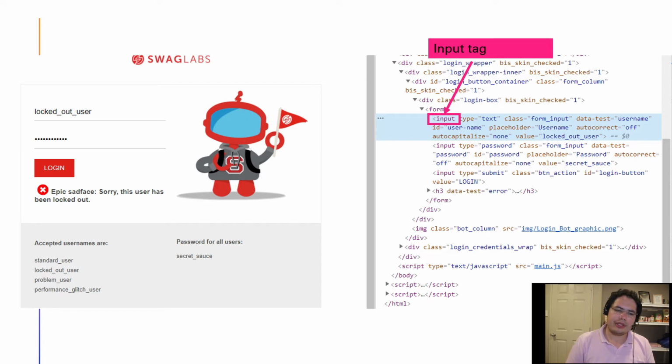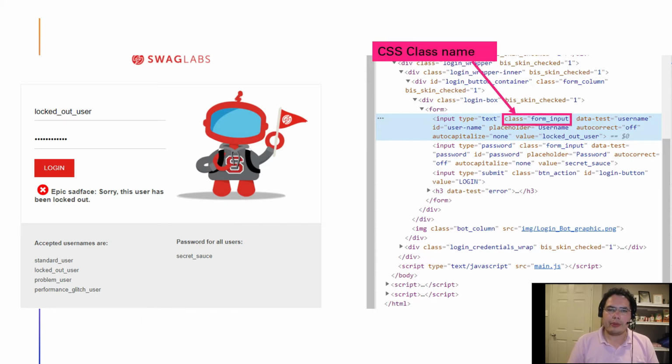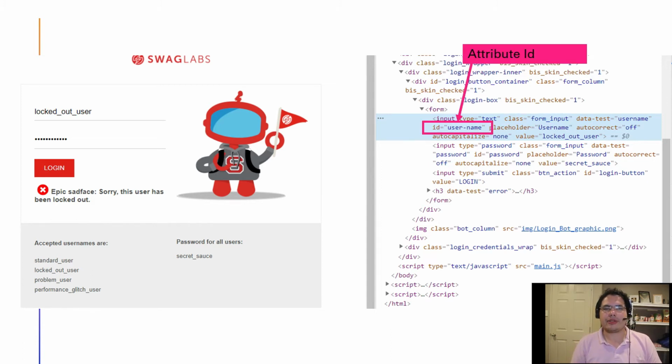Now this particular element contains different attributes, as I said. One attribute can be the tag itself, which is type input. A different attribute is the CSS class name, which basically contains the styling of the component in HTML. It also contains an ID attribute.